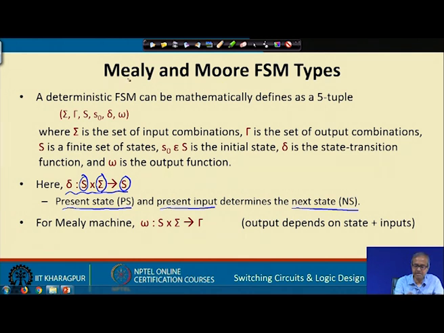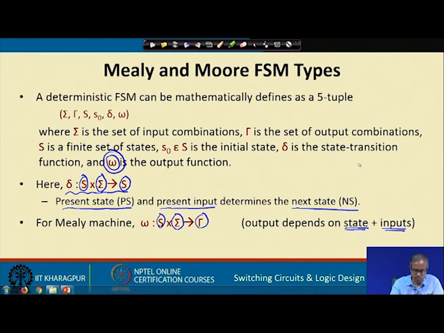Okay. Now, let us distinguish between Mealy and Moore. You see, Mealy and Moore are identical up to delta. It is omega that distinguishes these 2 types. For a Mealy machine, the output depends on the present state and also on the present inputs. That means the output gamma depends on S as well as on the input alphabet.